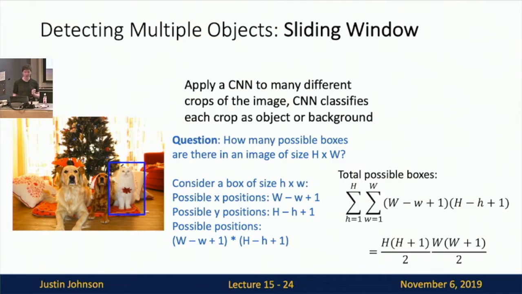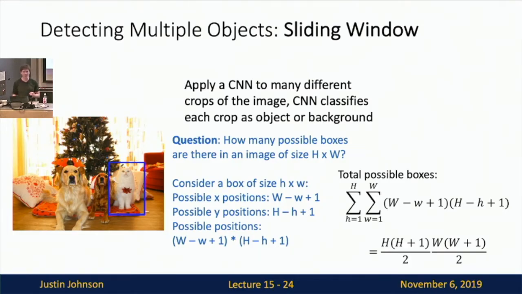But in fact, this is even worse because we need to consider not just boxes of a fixed size, we need to consider all possible boxes of all possible sizes and all possible aspect ratios. So if we sum this up over all lowercase w and all lowercase h, over all possible sizes that are less than the full image size, then we get this quartic expression that depends on the fourth power of the image dimensions.